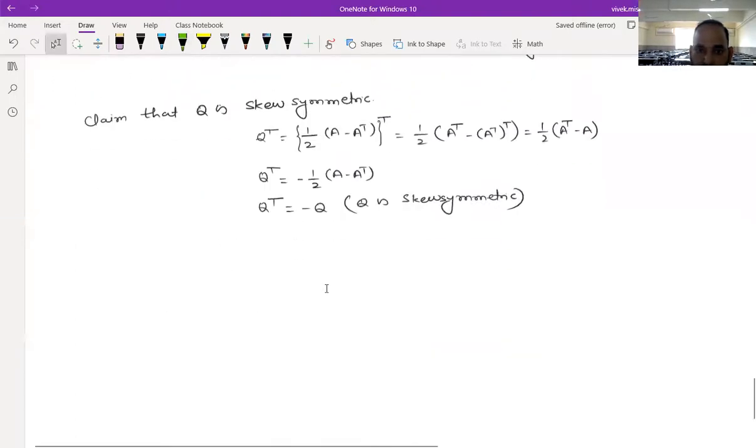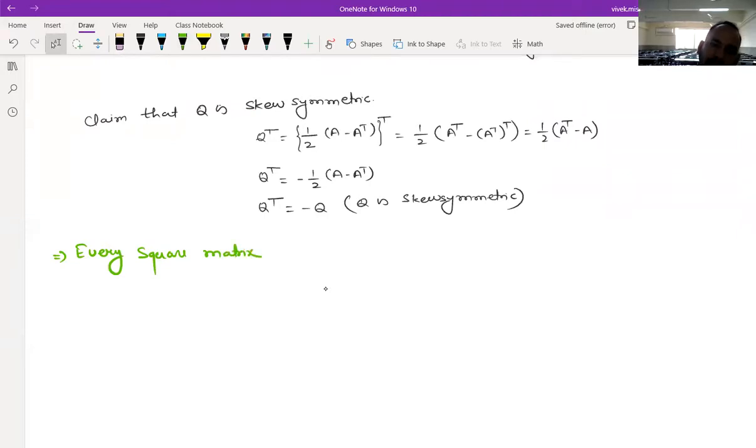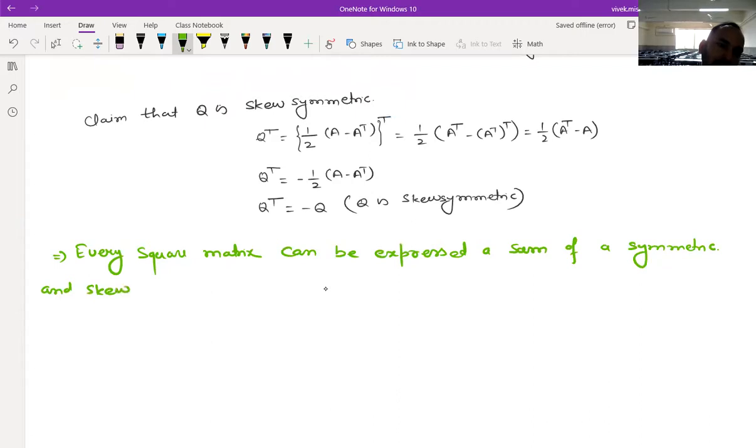Can I conclude that? Yes, sir. Implies that every square matrix can be expressed as sum of a symmetric and skew symmetric matrix.